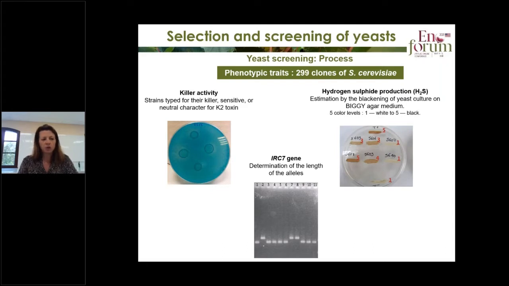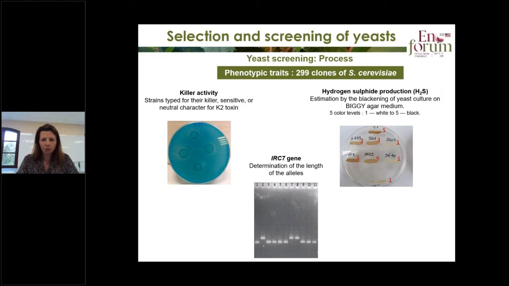First, we study killer activity on methylene blue media plates. Yeast with killer activity were identified by a clear zone around the colony and a blue ring, because they secrete an extracellular toxin that is lethal to sensitive strains.